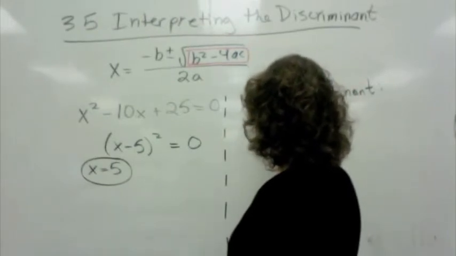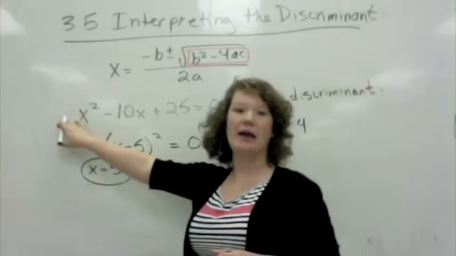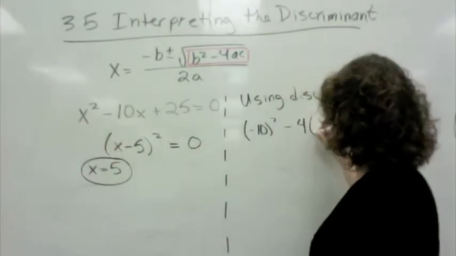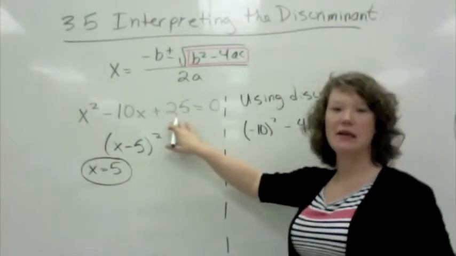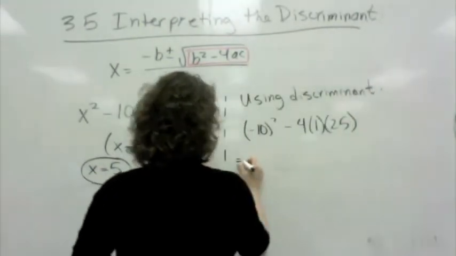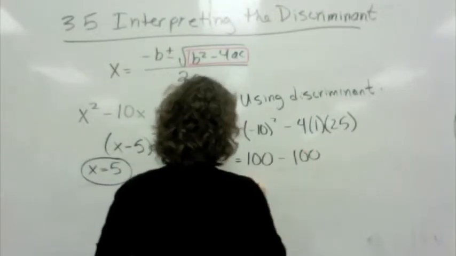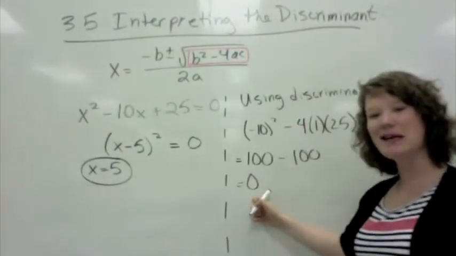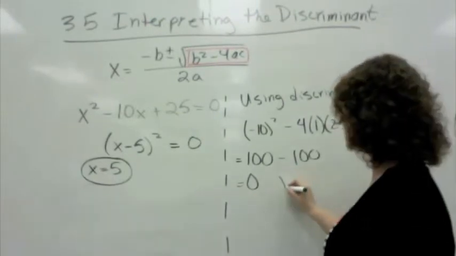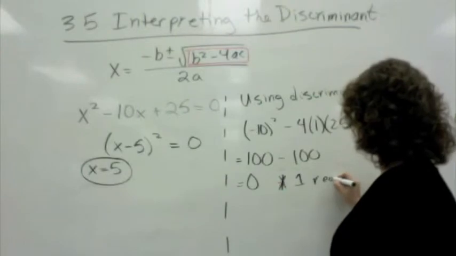So negative 10 squared minus 4 times a, which is 1, times c, which is 25. Well, that just equals 100 minus 100, which is 0. Since it equals 0, we can say 1 real root.